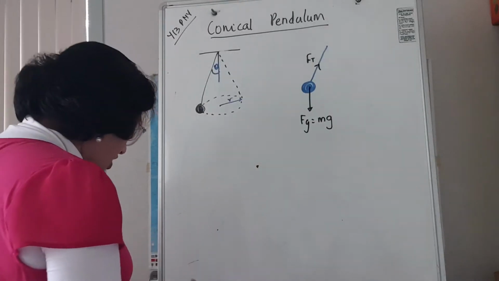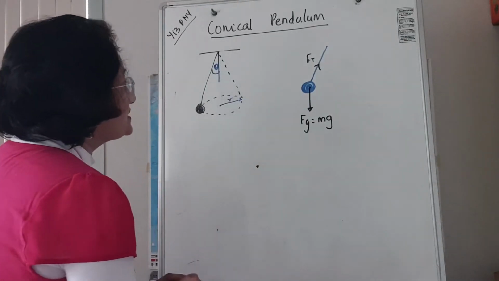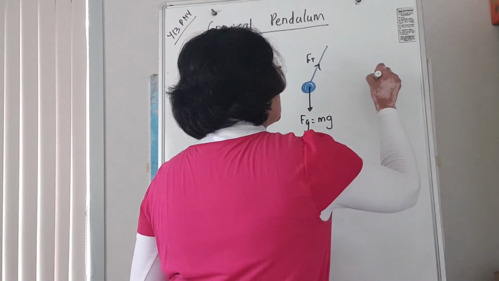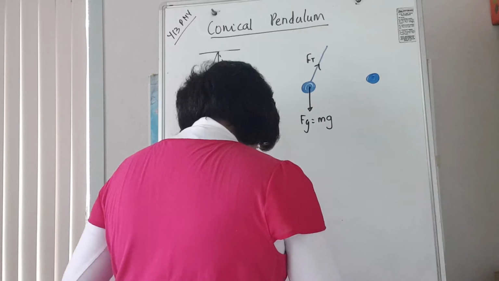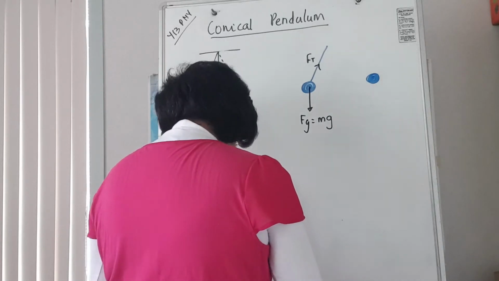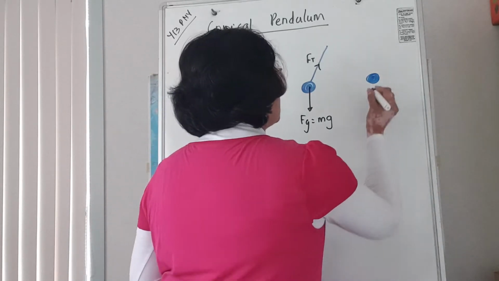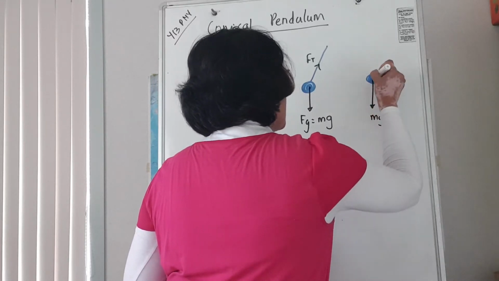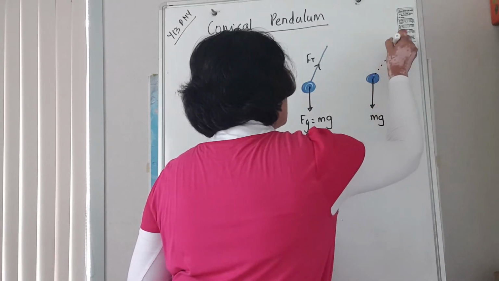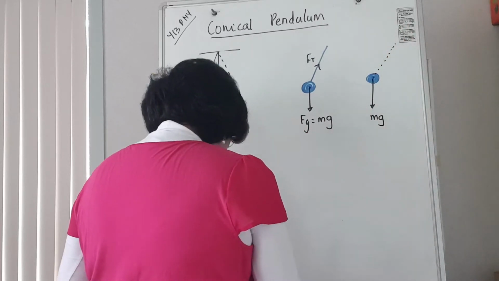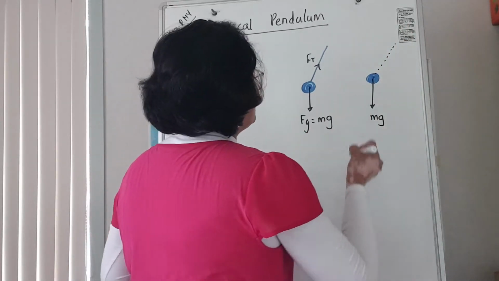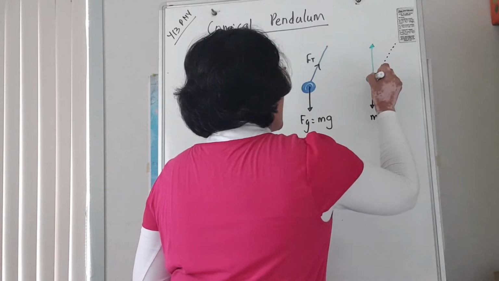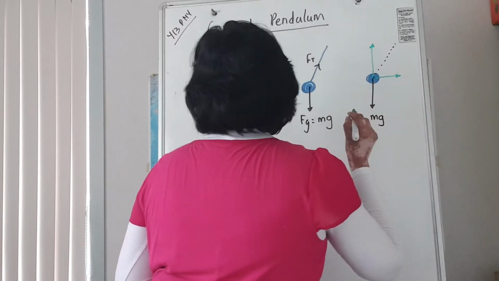Now, if we resolve the tension force into two components, so this is your mass, and we have gravity acting vertically downwards, which is my mg, and I'm just going to draw my tension force as a dot for now, and I'm going to resolve this tension force into its vertical component and the horizontal component.